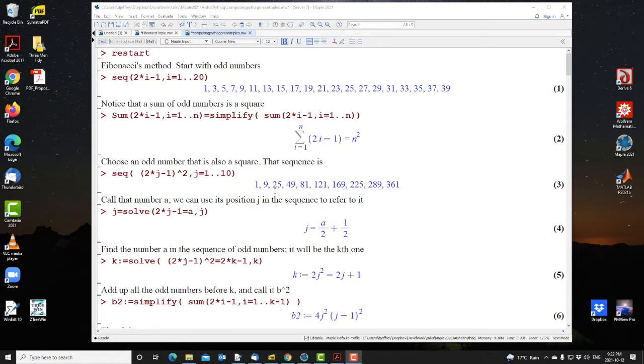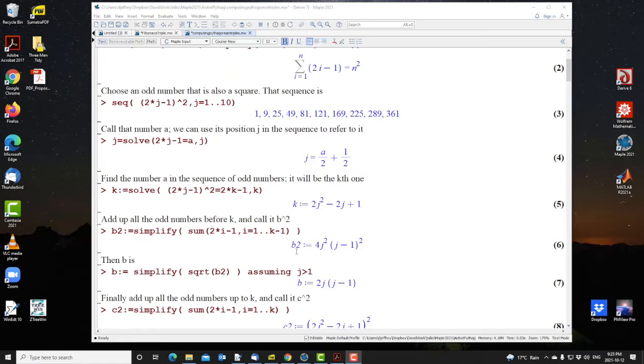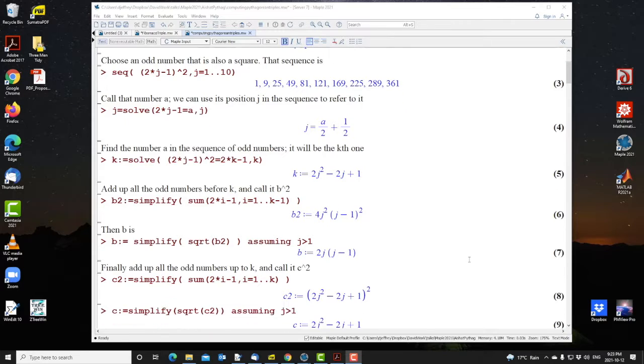We can use that to refer to the 25. Now we find the location of 25 in the first sequence. If we look up here, we see it is the 13th element of the first sequence. And we can express k, its position in the first sequence, as a function of its position in the second sequence, which is j. We now add up all the elements up to, but not including 25, and that will be our value of b, also expressed in terms of j, the position in the second sequence from which we started.